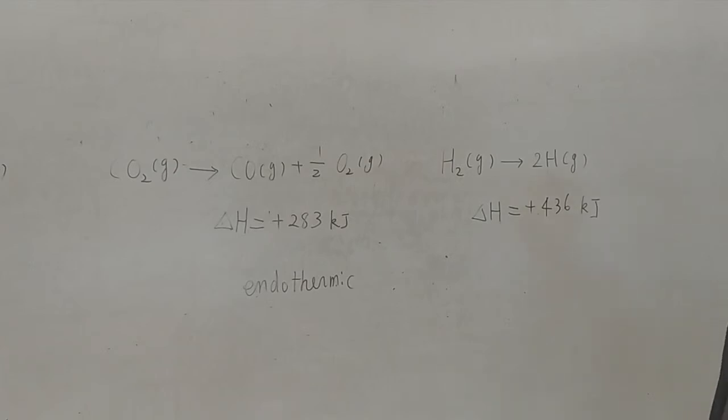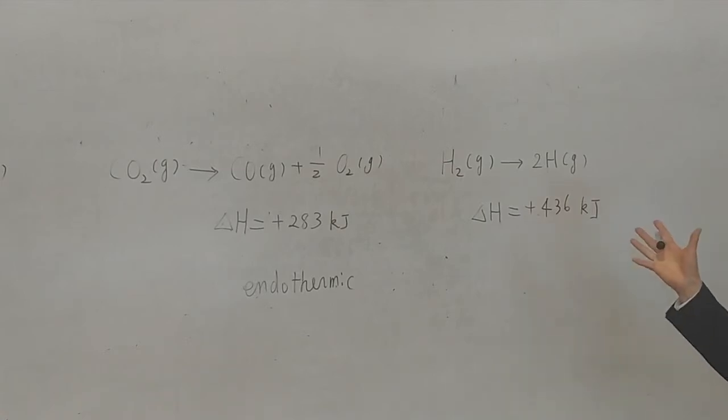This process is also an endothermic reaction. So they require 436 kilojoules to dissociate H2 molecules into the two atoms, to hydrogen atom elements.